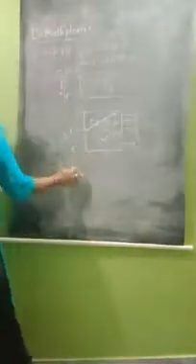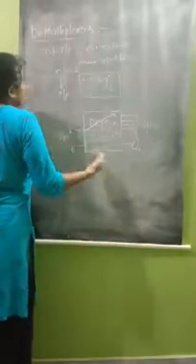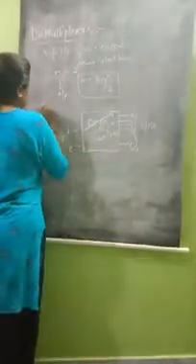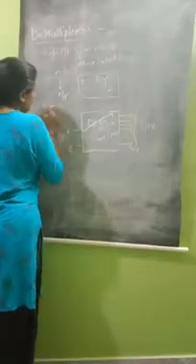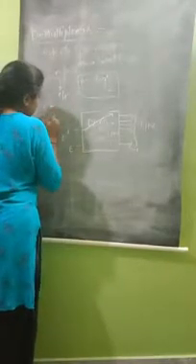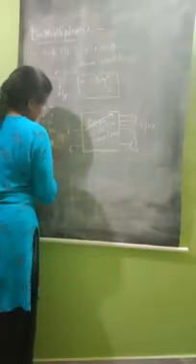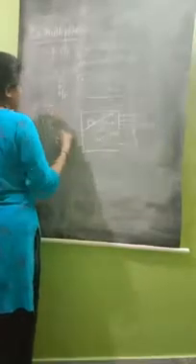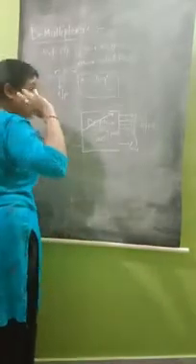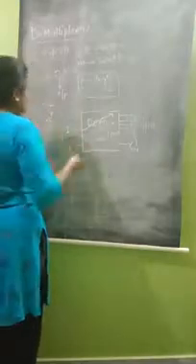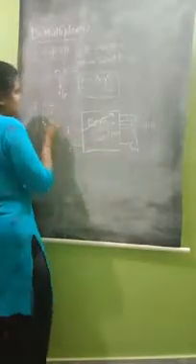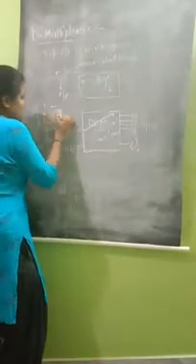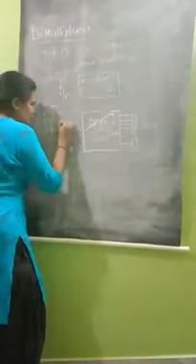There are different types of demultiplexers: 1:2, 1:4, 1:8, 1:16 and 1:32. In multiplexers it is 2:1, 4:1, but here it is 1:2, 1:4, 1:8. 1:2 means one input and two outputs, 1:4 means one input and four outputs, and 1:8 means one input and eight outputs.